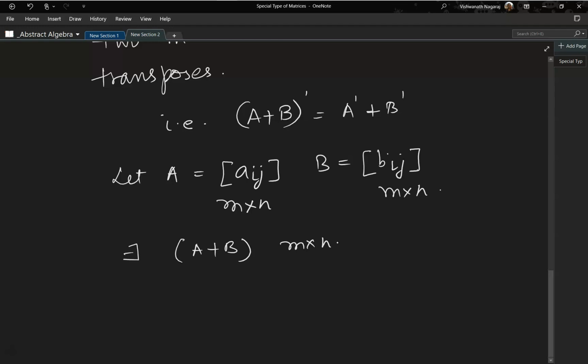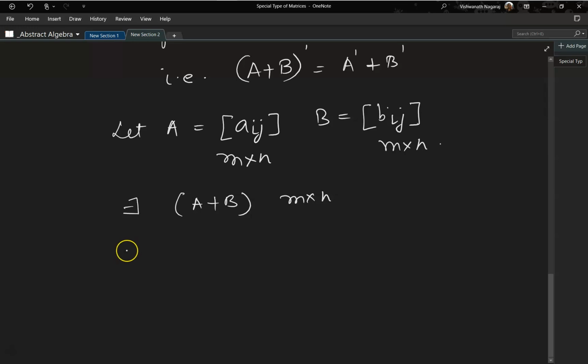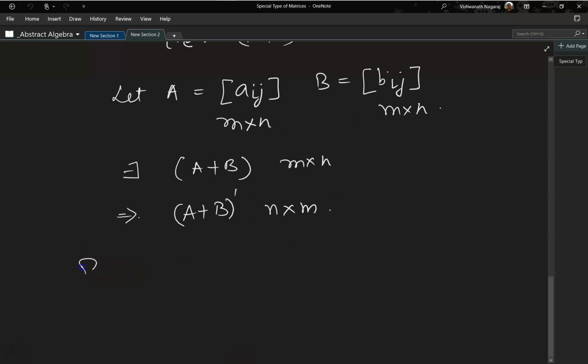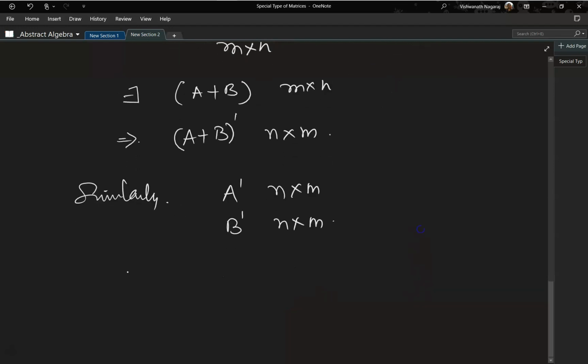We can add them, and when we add them, we will find a matrix which is also of m by n order. Now, which means we can find the transpose of that matrix, which is going to be an n by m matrix. Similarly, A prime is going to be an n by m matrix, and B prime is going to be an n by m matrix.